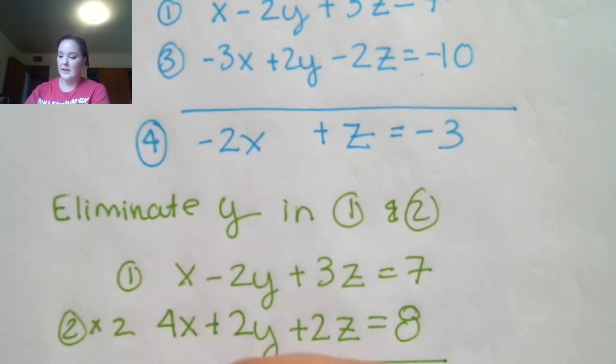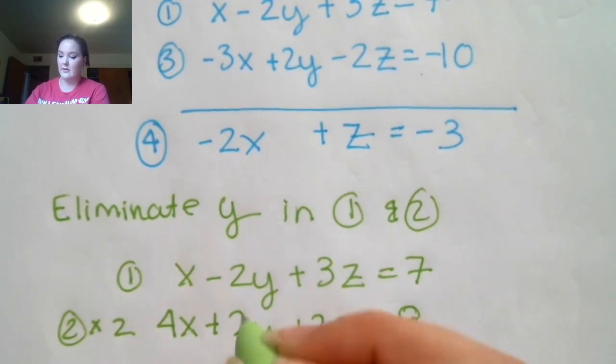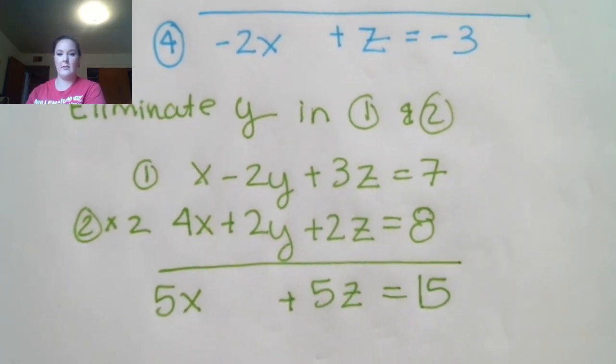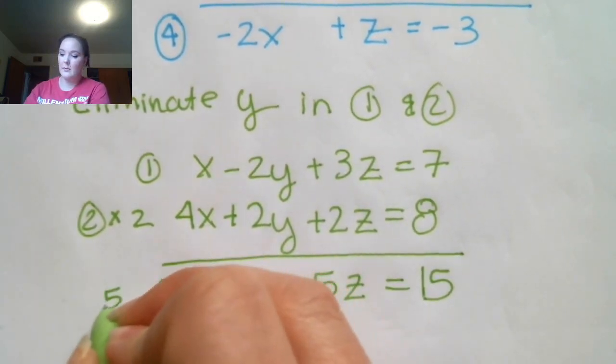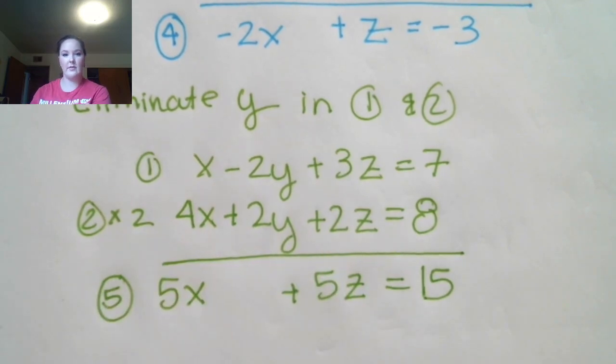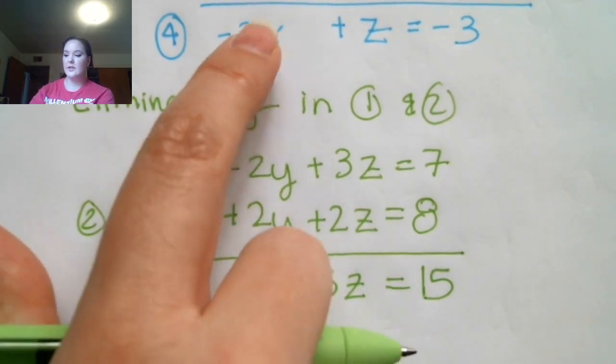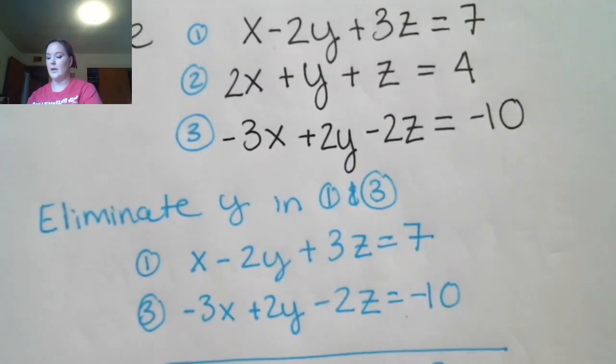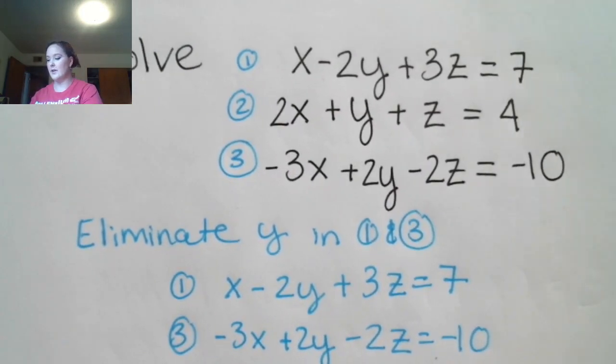So this is going to give me 5x, that's 0 as intended, and this is 5z equals 15. Okay, and that's going to be my equation 5. Okay, so now you can see these two equations do have just two variables. Okay, so we're going to solve that like we normally would. Okay, so I'm going to copy those two equations down.